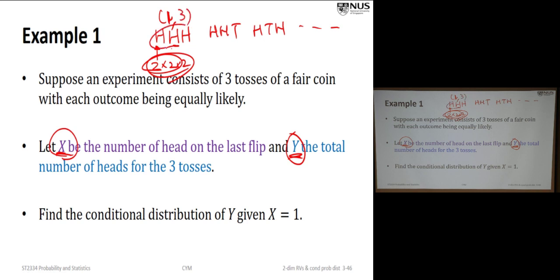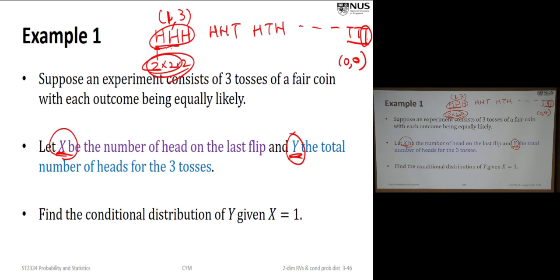So this sample point will map to x equal to 1 and y equal to 3, because y represents the total number of heads, and x represents only the third toss, whether it's a head or not. So for example, T, T, T, all are tails. Then x equals 0, because there is no head. And all 3 also have no head, so it's 0, 0. All right?